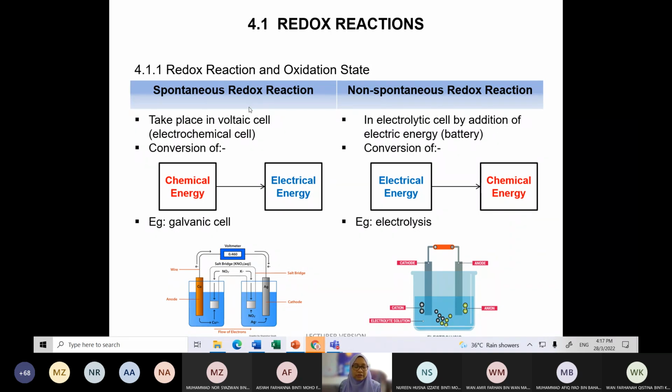The electron transfer will be based on the difference in potential. So dia akan terjadi secara naturally ataupun secara semula jadi, because between this copper and silver there is a difference in potential.